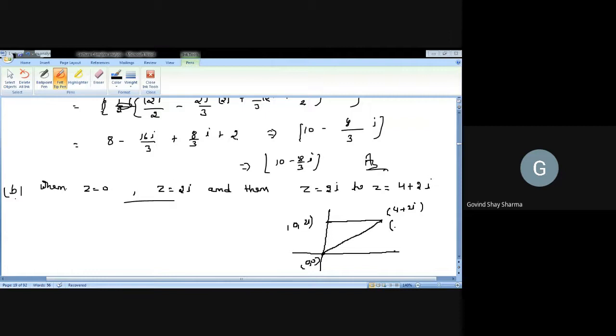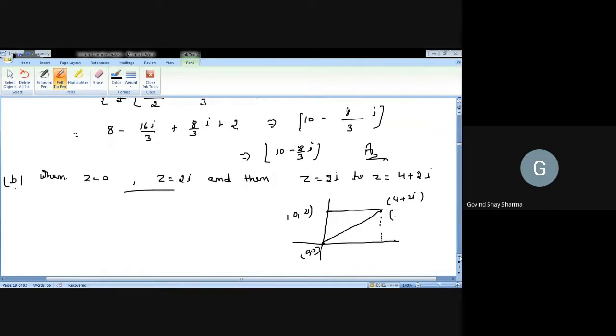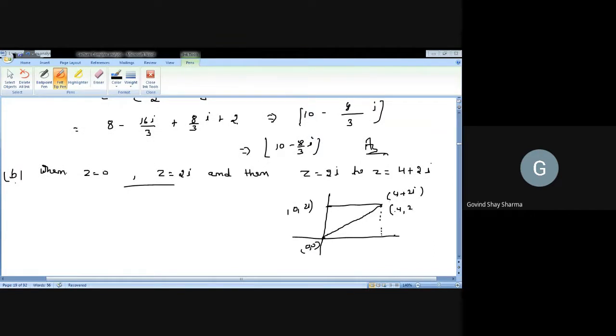So this is 4 plus 2 iota, which means 4 and 2. This is the line.